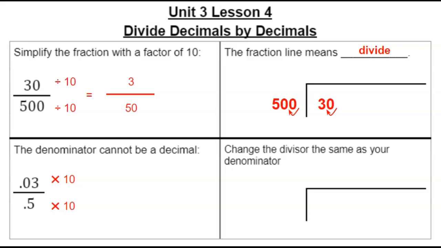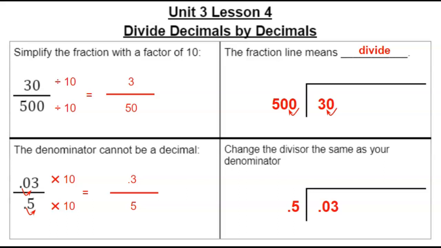So if we multiply our denominator by 10, then we have to multiply our numerator by 10, which gives us 3/10 on top and 5 on the bottom. So that's the same thing if it's set up as long division. We change the divisor the same as our denominator.